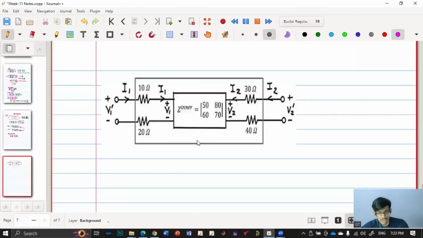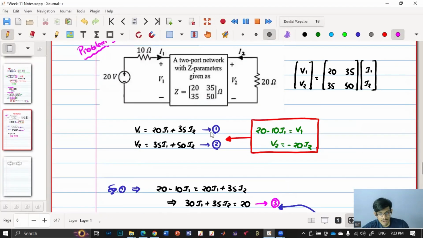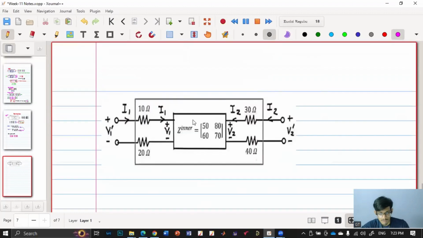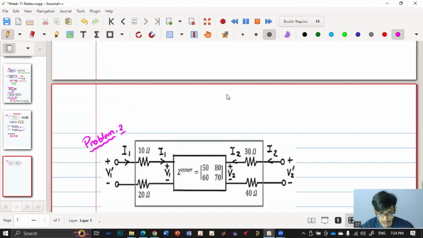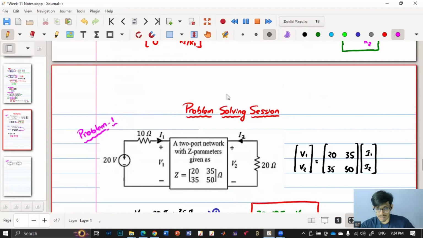Okay. So first, again, we'll write the equations that we have over here, and then we'll substitute this V1 in terms of V1 dash, or we'll try to manipulate it to get it the way we want. So this is our problem two. First of all, whatever they have given, we'll write this.